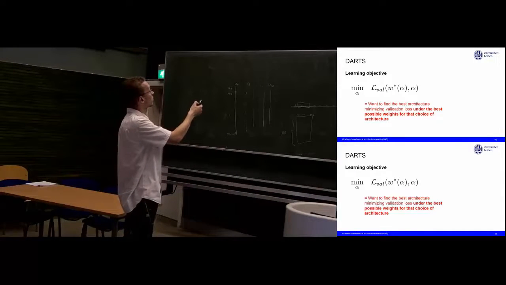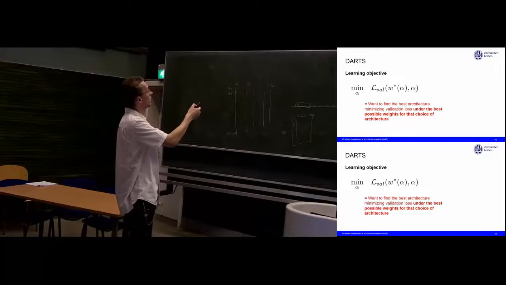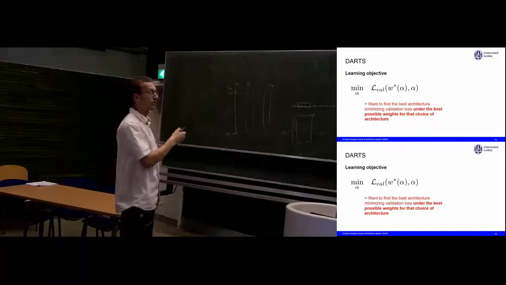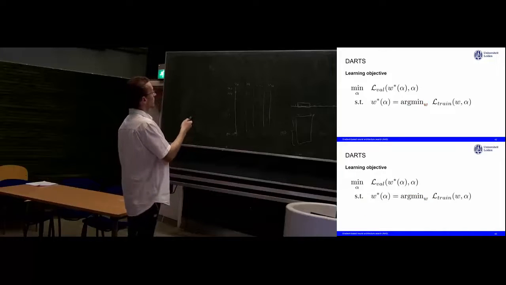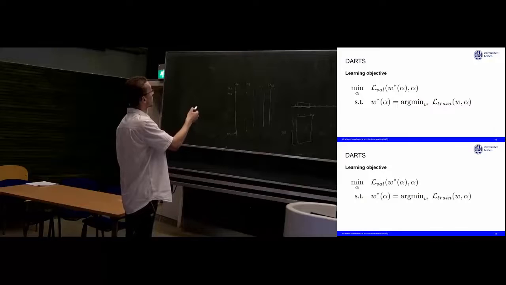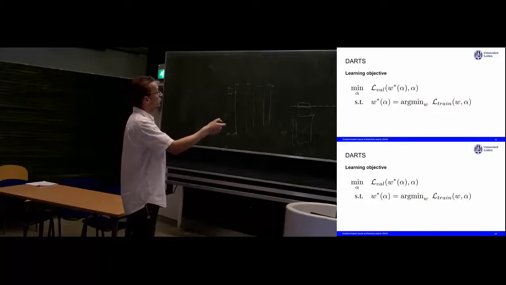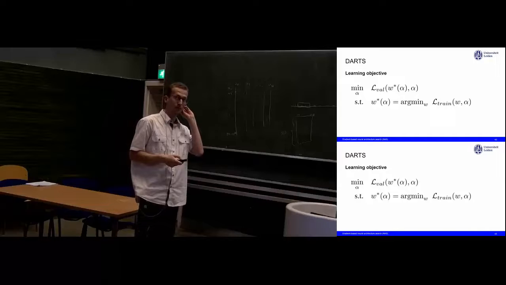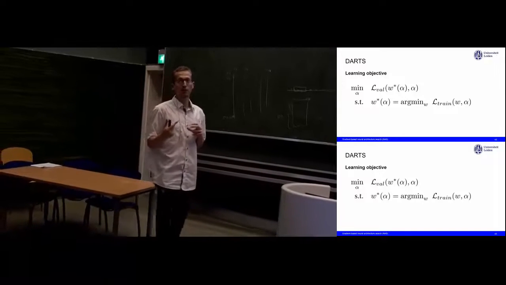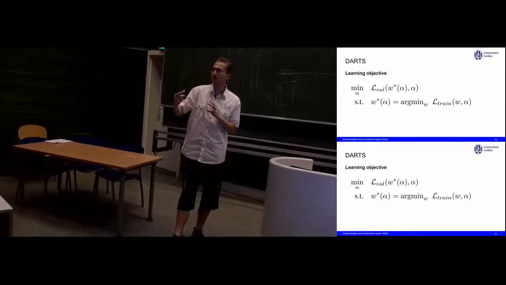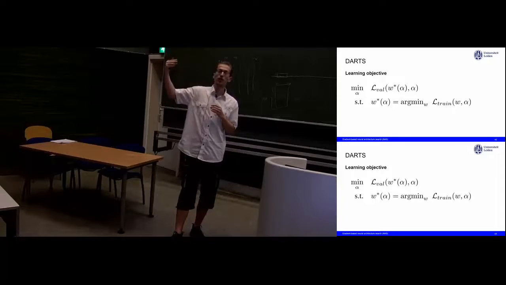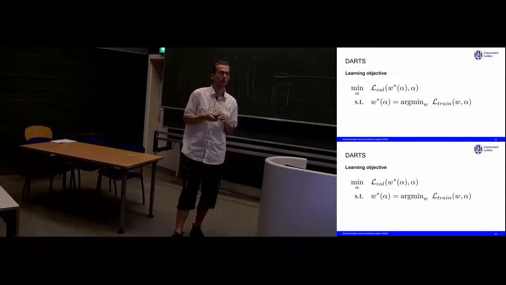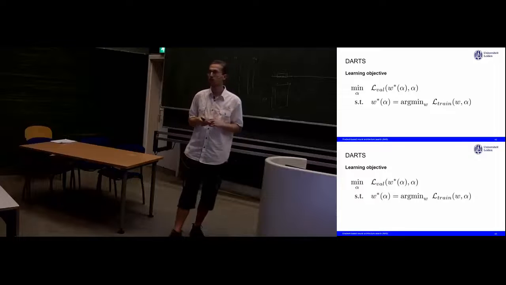So these are the best weights of all of these operations, assuming that we have this architecture. And that's basically saying this: these are the optimal weights under this architecture, which minimize the training loss. So again, we have this bi-level optimization problem, where on the training set, we are trying to find the optimal weights for the operations, and on the validation set, we are trying to find the best architecture coefficients. And this also resembles what we have seen in MAML, for example.